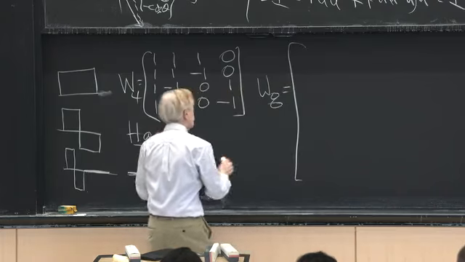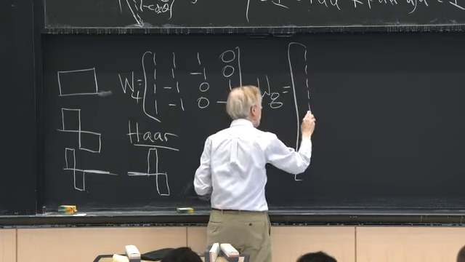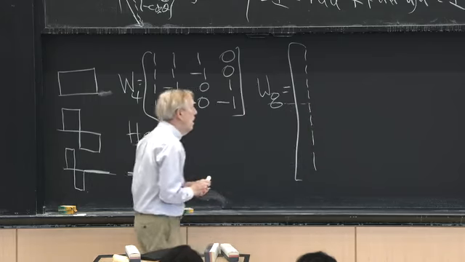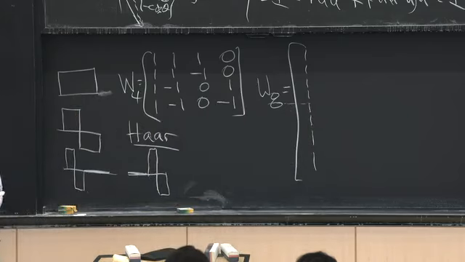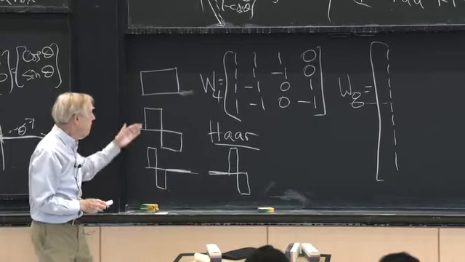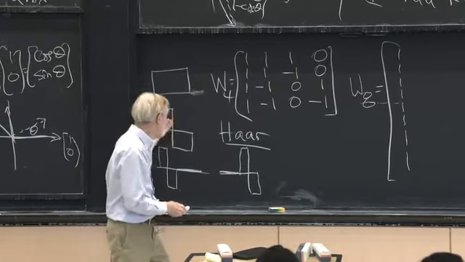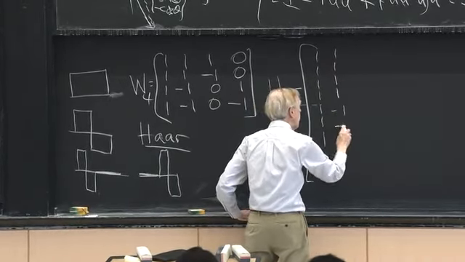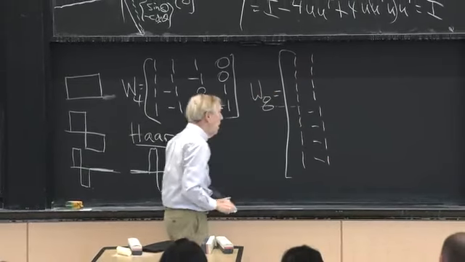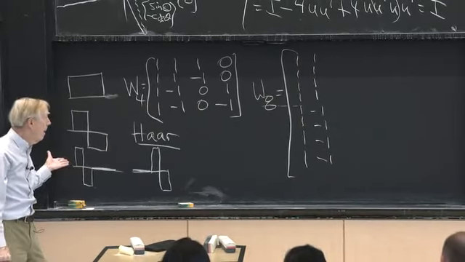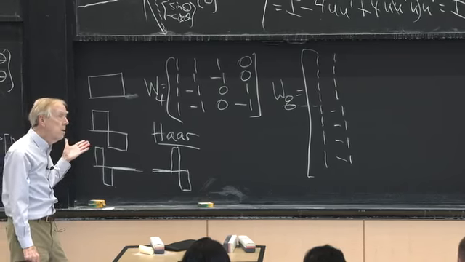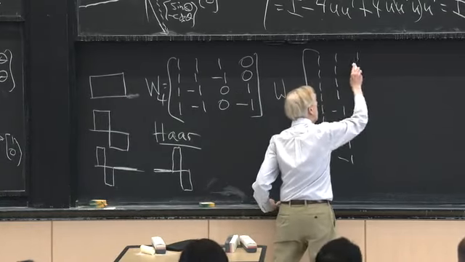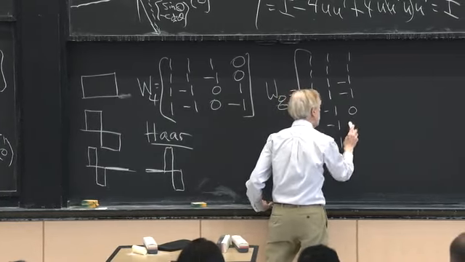Okay. So the first column is going to be 8 ones. And what's the next column going to be? 4 ones and 4 minus ones, like so. Okay, and now the next column: 2 ones, 2 minus ones, and zeros, right? 1, 1, minus 1, minus 1, and zeros.